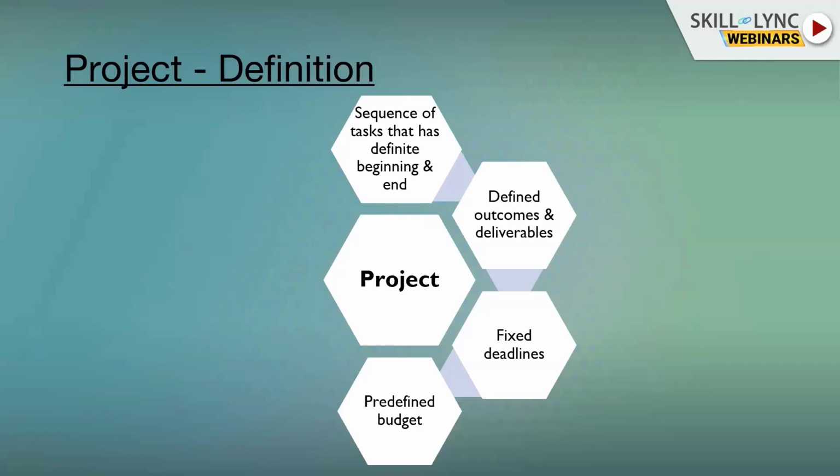Every project is bounded by a time. Every project is bounded by a deadline. So we should understand those things. Right. So moving ahead, as given in the slide also, it has a predefined budget.